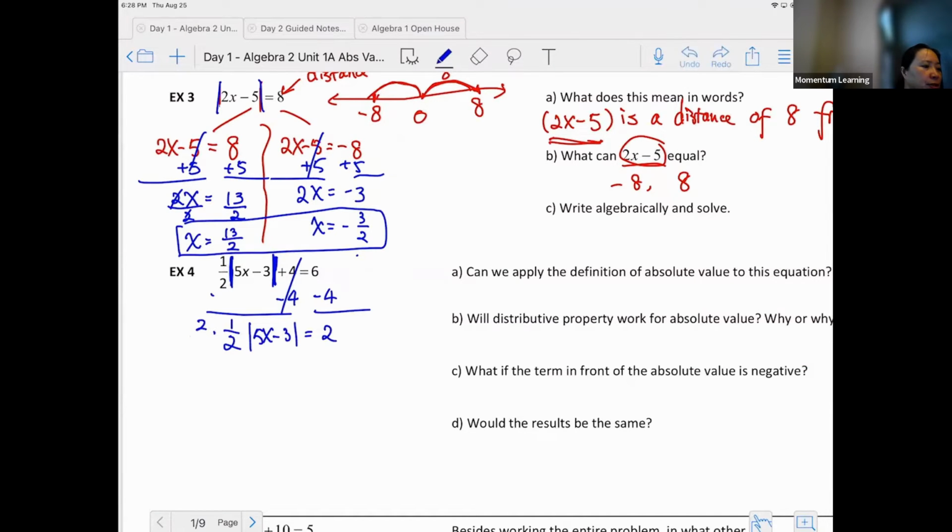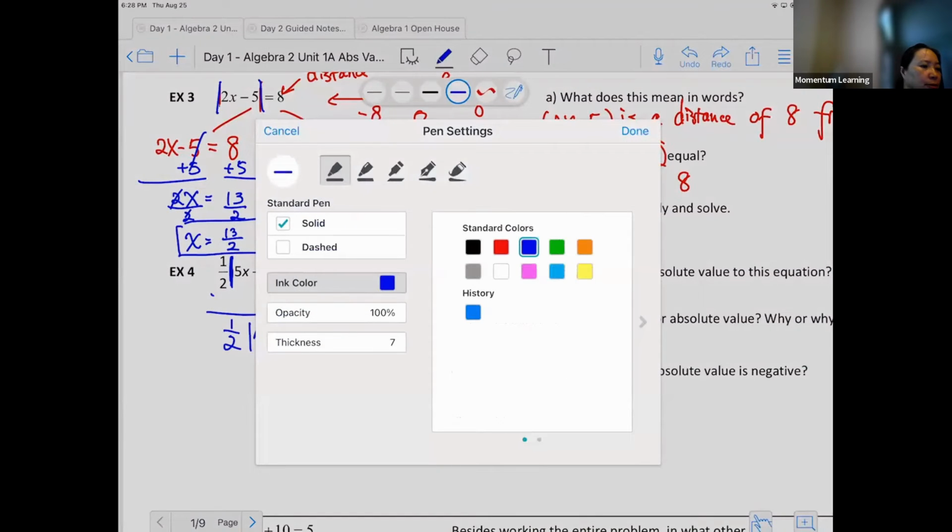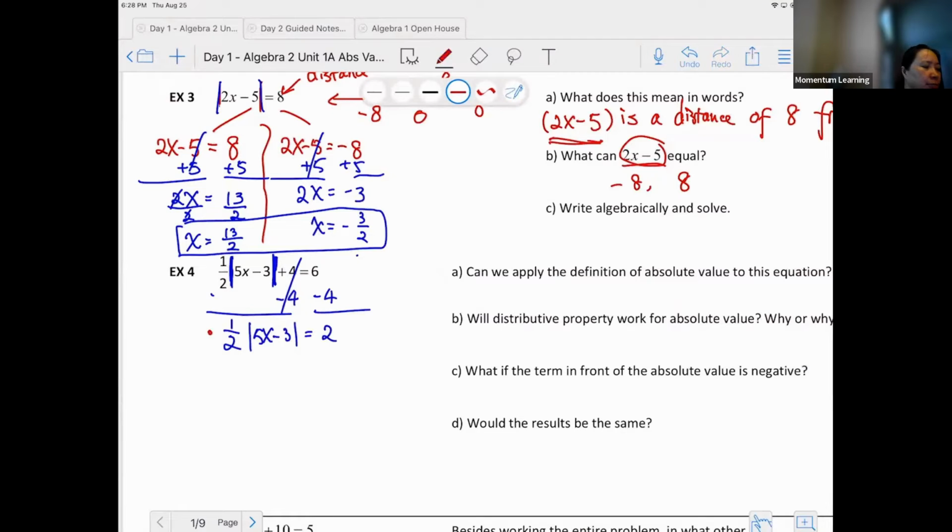Let me use a different color. Starting with the red, multiply by the reciprocal, multiply by 2. This cancels, so I have 5x minus 3 equals 2 times 2, that's 4. So I finished isolating.